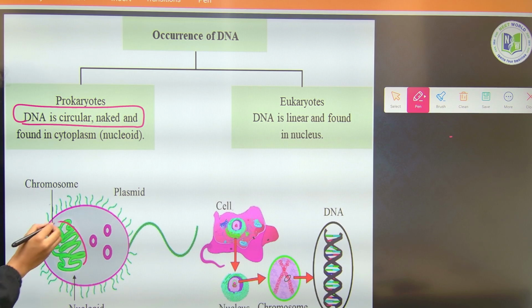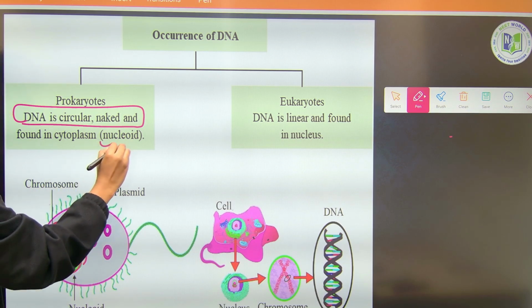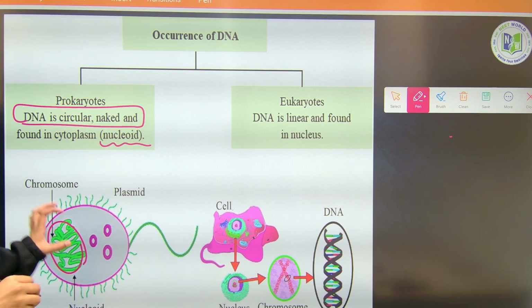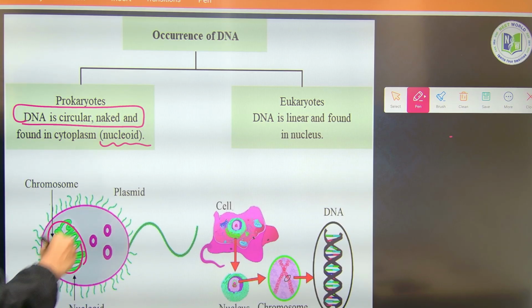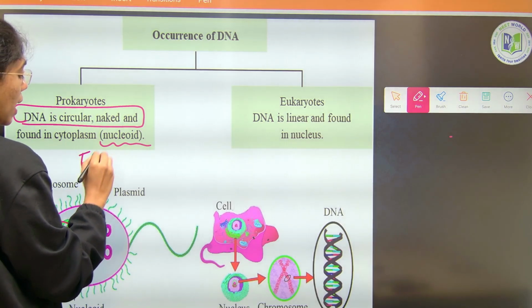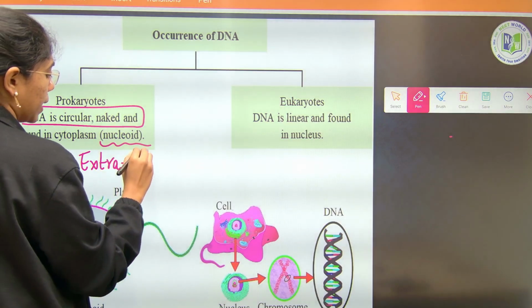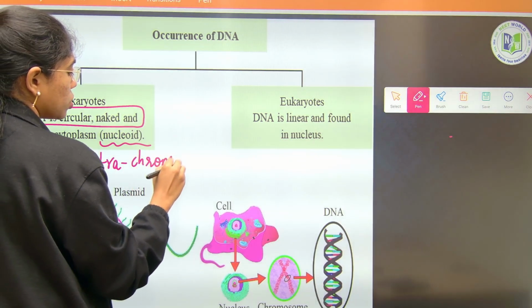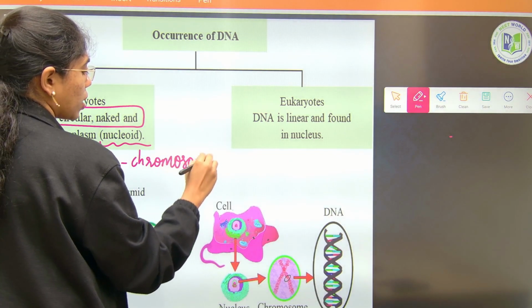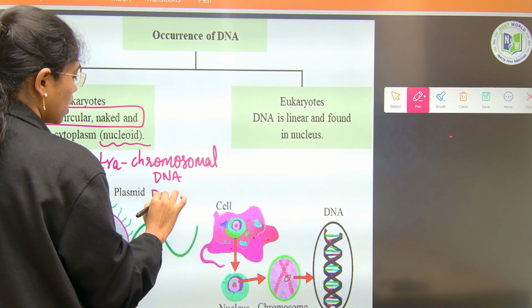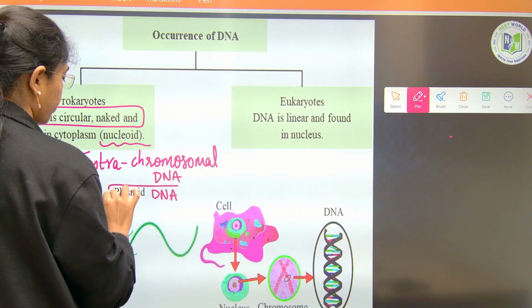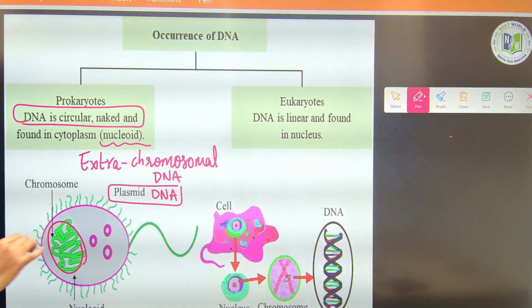It is at one particular position, which you call the nucleoid. Along with the genomic DNA, you also have non-genomic DNA, which is also addressed as extrachromosomal DNA, also known as plasmid DNA.